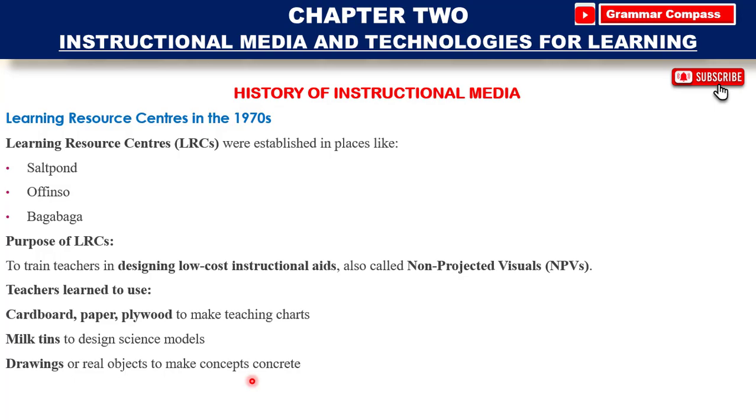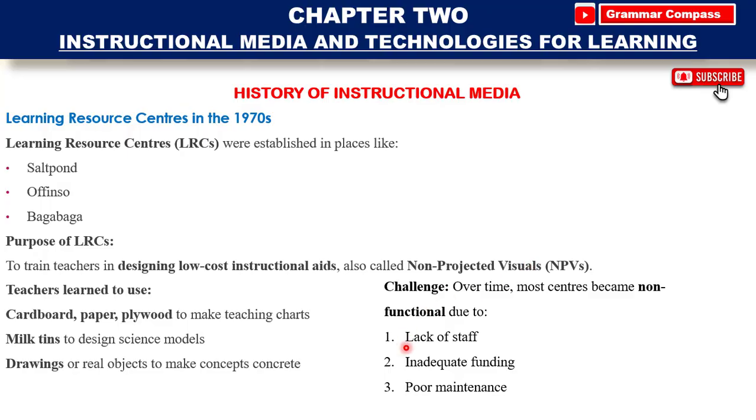Unfortunately, over time, most of these centers stopped functioning effectively. Why? There were three factors that caused these centers to collapse. One was the lack of staff, lack of trained personnel to manage the centers. Two was inadequate funding to keep these centers running.